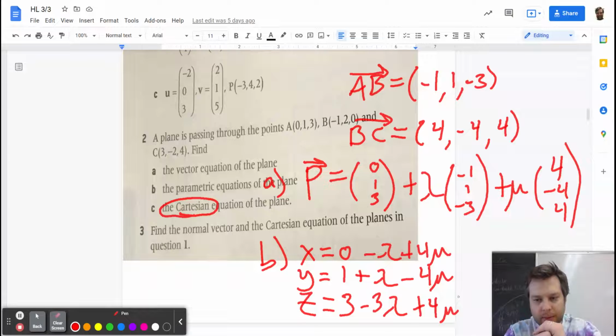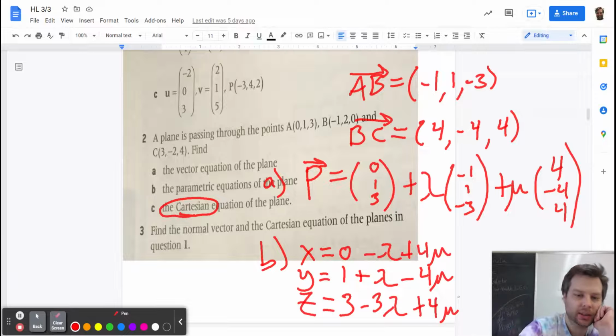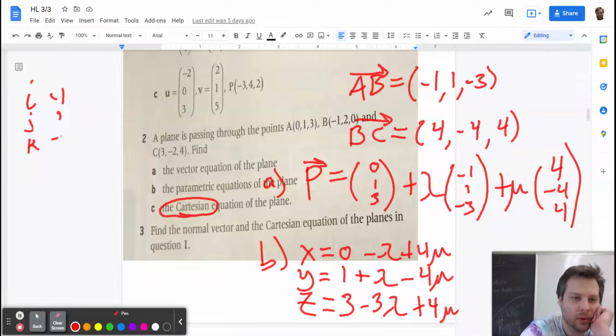Then the last one, the one that I typically have focused on in class, the Cartesian equation, that one you just find by doing the cross product and then plugging in any of your given points. So let's try to knock that out real quick. We'll do our determinant, ijk, negative 1, 1, negative 3, 4, negative 4, and 4.